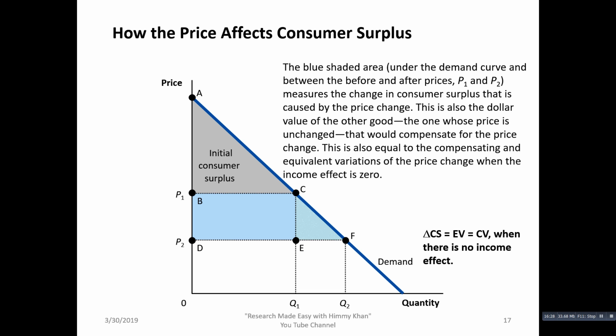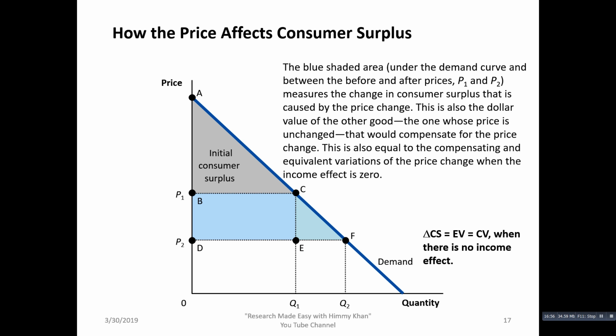This is also the dollar value of the other good, the one whose price is changed, that would compensate for the price change. This is also equal to the compensating variation and equivalent variation of the price change when the income effect is zero.